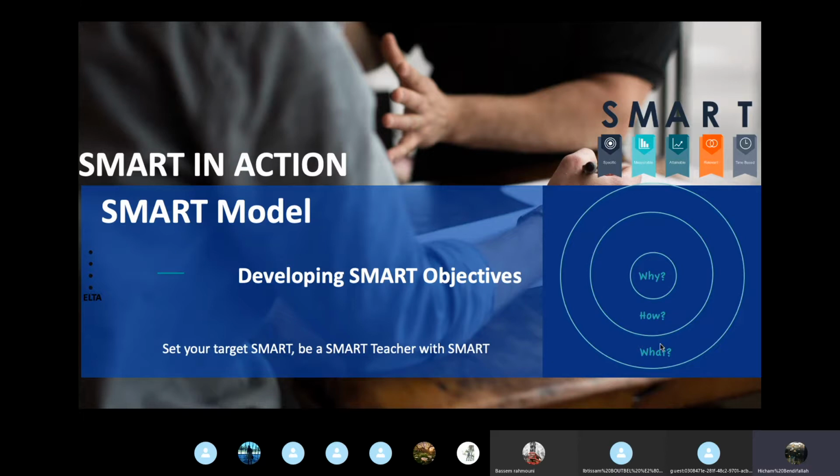And if you use the SMART model, you are more likely to achieve your goals efficiently and more effectively. This is the reason why we use a SMART model, being a teacher, in order to set our objectives and at the same time a way to track our progress.